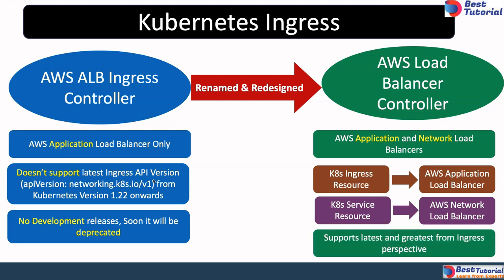So with that said, we need to use the latest and greatest available from the Ingress perspective on an AWS EKS cluster, which is the AWS Load Balancer controller. And this supports the latest Ingress API.